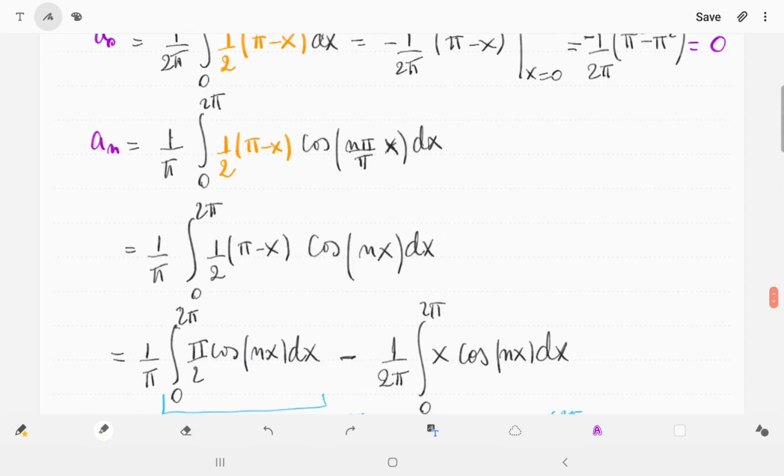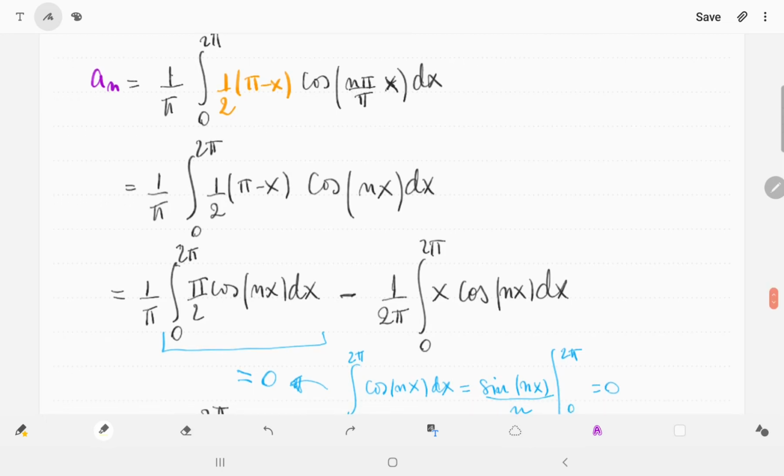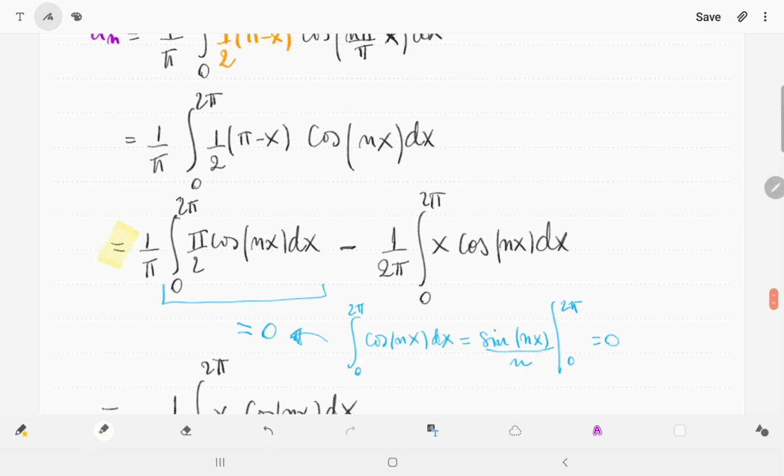For an, we use Euler's formula again. It's 1 over p, where p is equal to pi, and we have to integrate f times cosine of nx. We can use integration by parts.